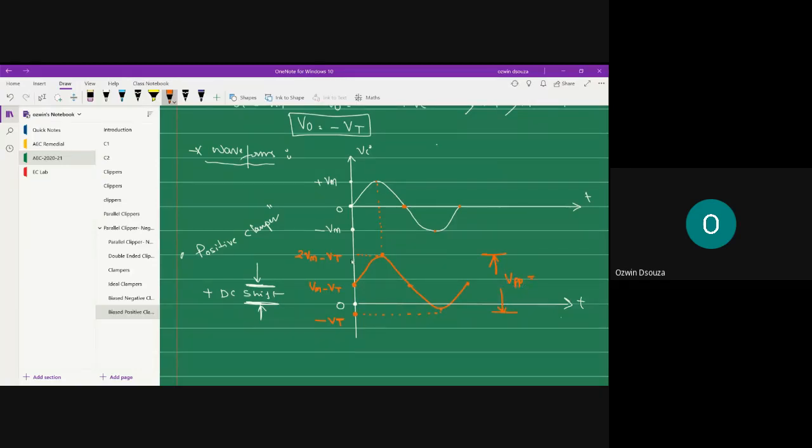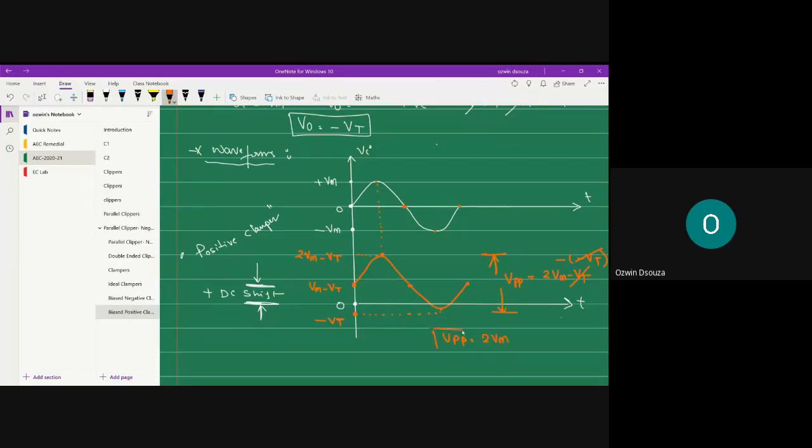So what is V peak to peak? The positive peak, that is 2 Vm minus Vt, minus the negative peak, so minus of minus Vt. Minus of minus Vt is plus Vt. So plus Vt minus Vt is going to get cancelled, and VPP is equal to 2 Vm.